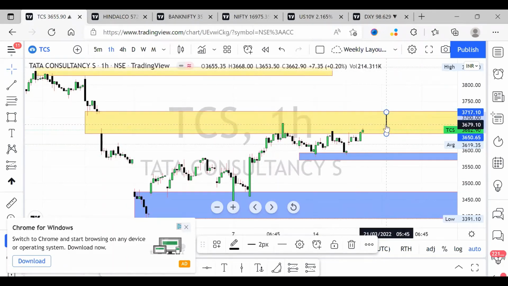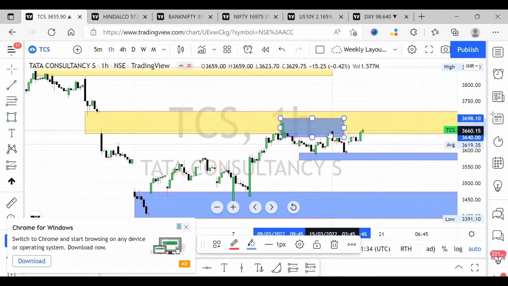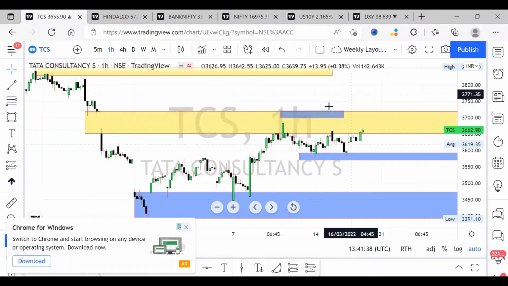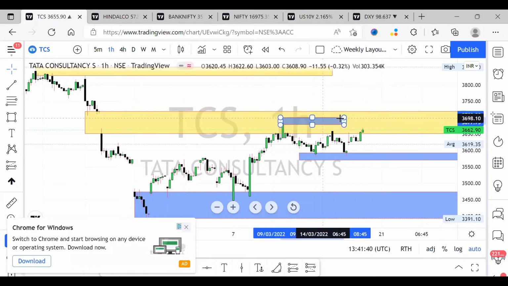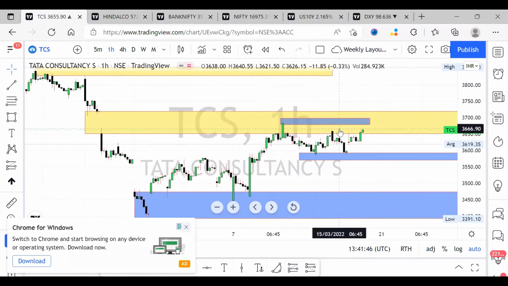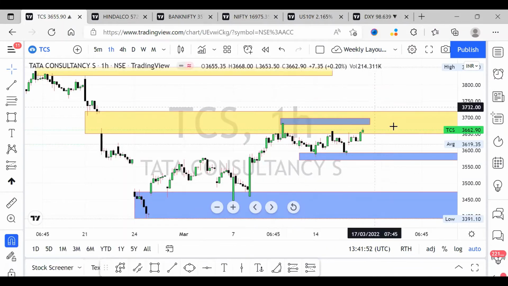Now look at what price has been doing in other areas. Price did not go above this zone, so this is a key area that price needs to come back into. It's also a supply zone, so the price will try and go into it, then reverse.